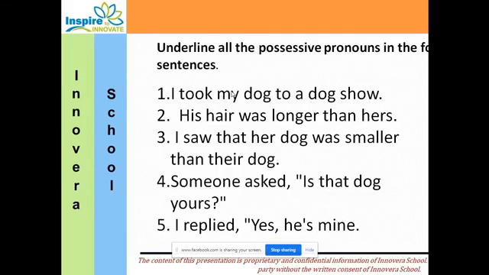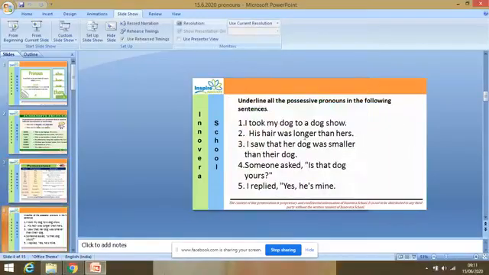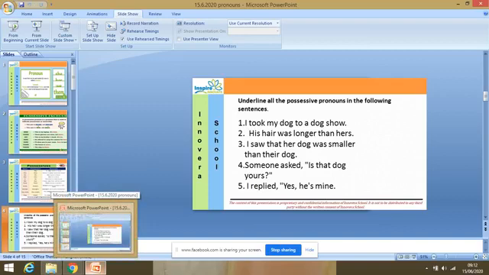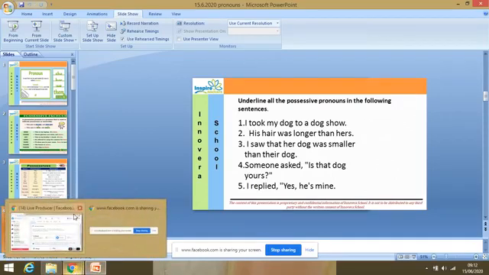So now we are going to underline the possessive pronoun in the sentence. First one, children: I took my dog to a dog show. What will be the possessive pronoun here? Let me see if anybody can give the answer.